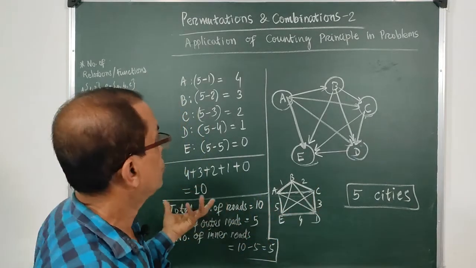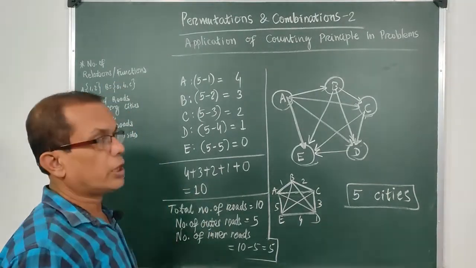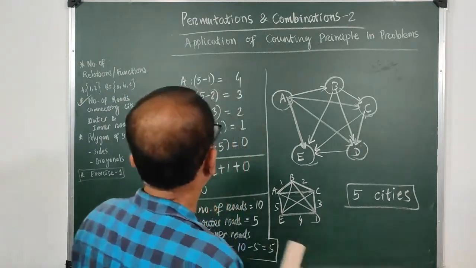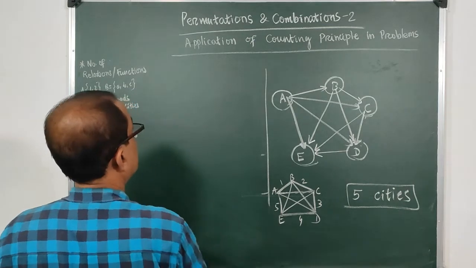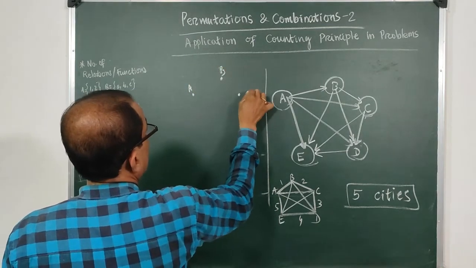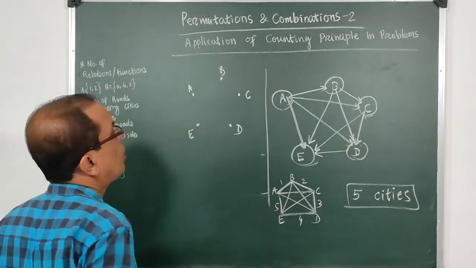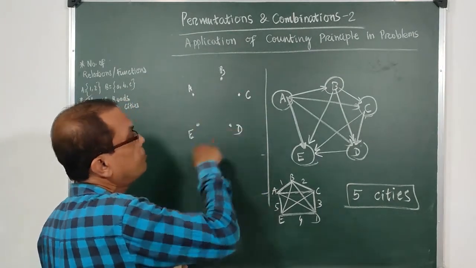And this problem can be transformed into another problem when we talk about polygons. If there is a polygon of 5 sides, or if there are 5 vertices, A, B, C, D and E, how many straight lines can be used to join them?